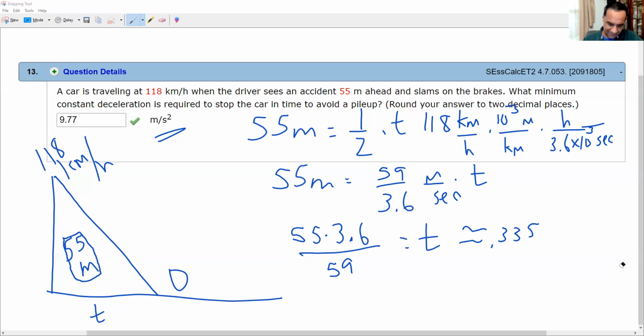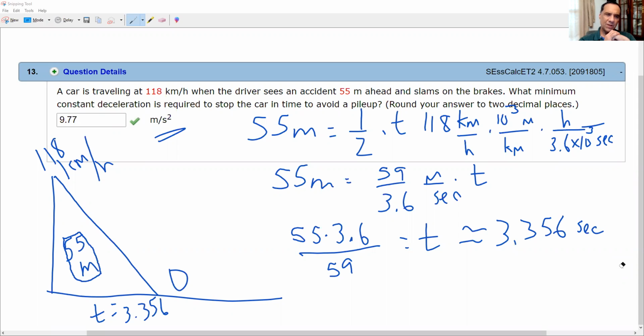It's 55 times 3.6 divided by 59. That's 3.356 seconds. So all I know is that this is 3.356.